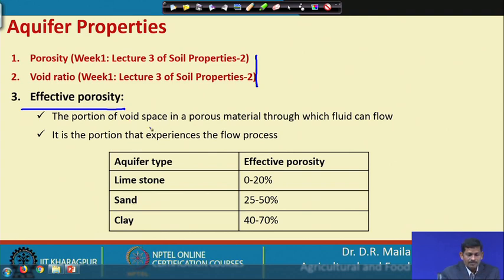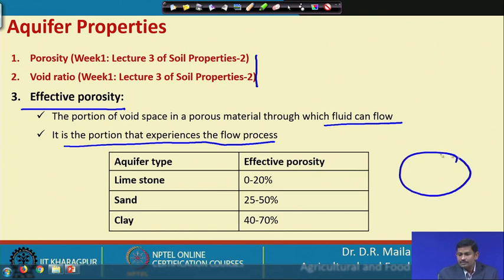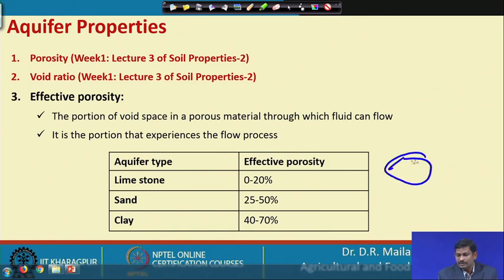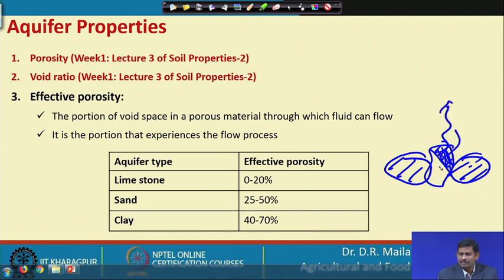Effective porosity is the portion of void space in the porous material through which fluid can flow. The portion that experiences the flow process is counted, while the other portion may not experience the flow process. For example, if you have a pore here between one soil particle and another soil particle, some portion of the pore will have fluid that is flowing, and the other will be stagnant.